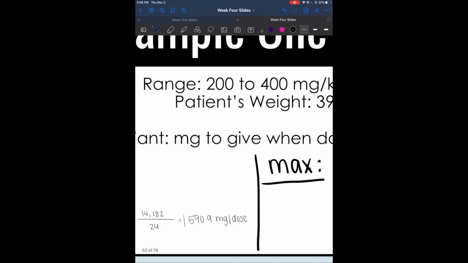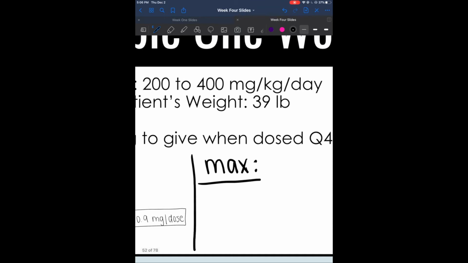So our minimum amount of medication we're going to give per dose, if we dosed every 4 hours, is going to be 590.9 milligrams.